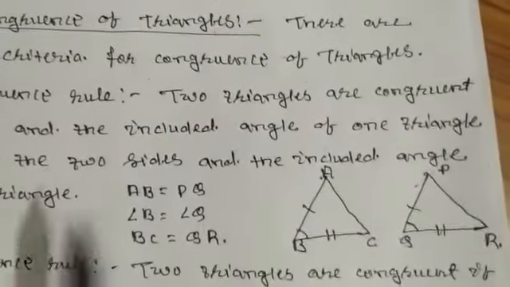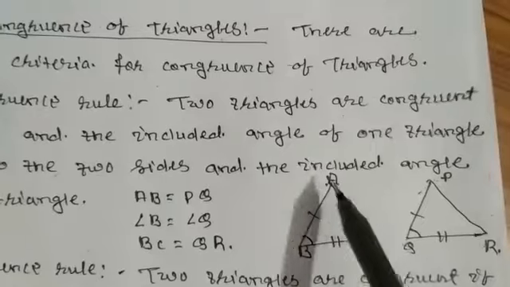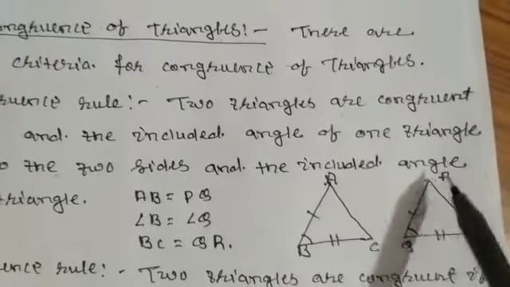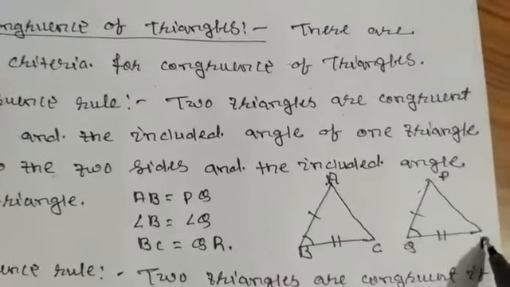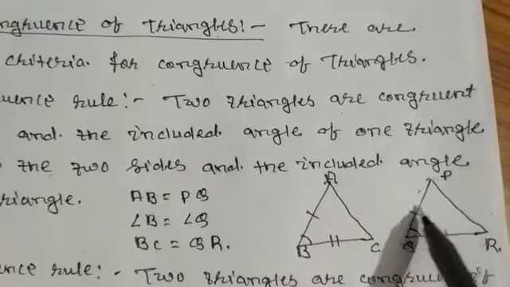Let's understand it by drawing a figure. Suppose we have two triangles ABC and PQR. In triangle ABC we have AB equal to PQ.